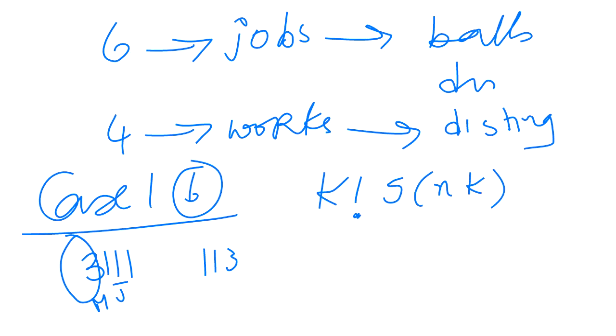Because John might have 3 jobs because he will take more money home than Mike. So all the workers are different and all the jobs are different. But you want to make sure each and every worker has at least 1 job. So you go to case 1B. N balls into k cells.